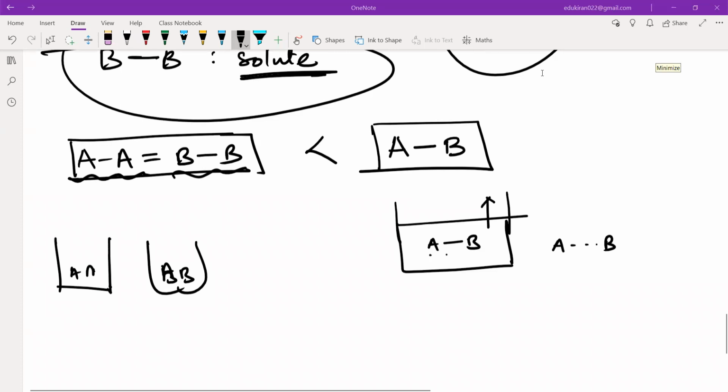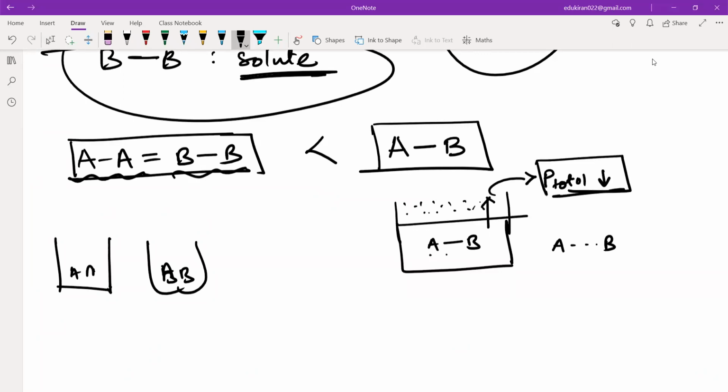Now, when they are sticking together, that means they are not making vapors, so there will be fewer vapors. If there are fewer vapors, the P total will be less, and that is why when you measure the P total, it is going to be less than the P calculated.